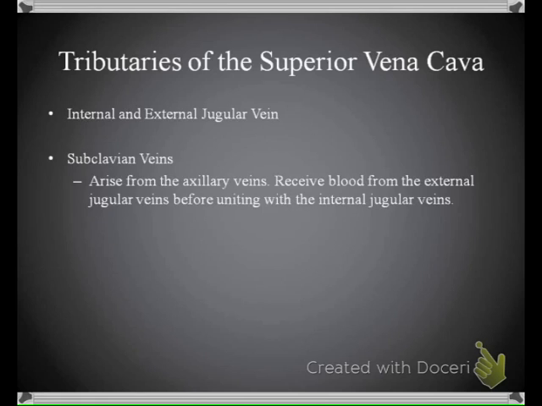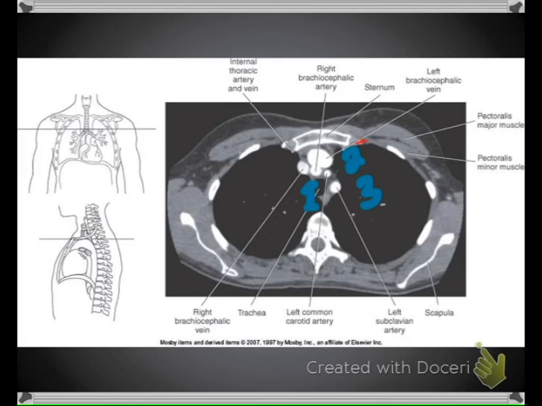And so if we actually refer back to this image, we see that this is kind of borne out in that sense. We do have the left and the right brachiocephalic veins, and they are getting ready to join and become the superior vena cava and dump into the right atrium. So this structure here becomes very important.